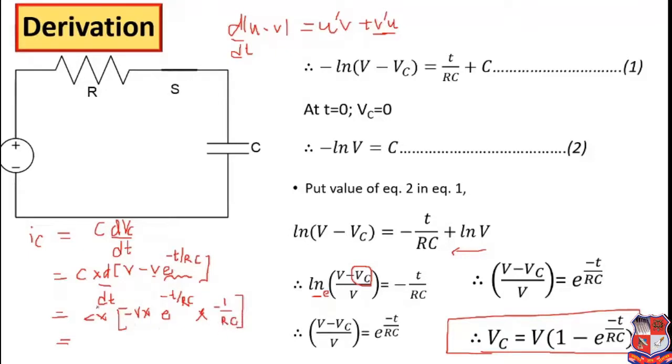So if you do this, this C and this C cancel, and this negative sign and this negative sign will give us a positive sign. This will be plus V by R e raised to minus t by RC. Okay, so this will be the equation for Ic. I hope that you have understood. This plus V by R can be written as I0 e raised to minus t by RC, where I0 represents the maximum current, that is V by R.